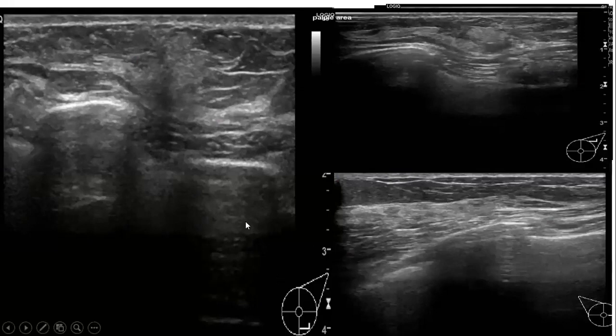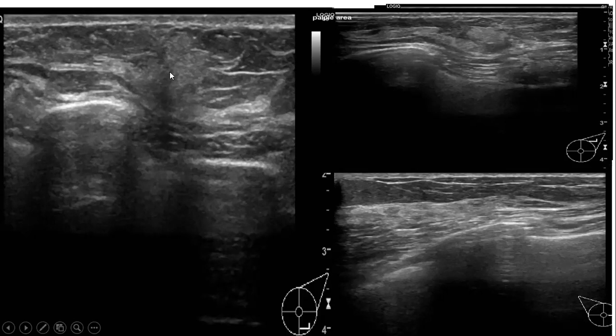But if you look at the location in the left breast here, this is not normal parenchyma. It has a convex border, has a mass-like appearance, and is inhomogeneous. There is central low echogenicity with shadowing. Definitely, this area is the site of the lesion.